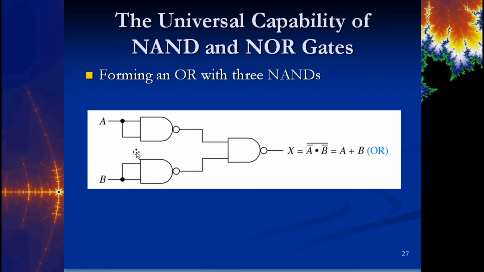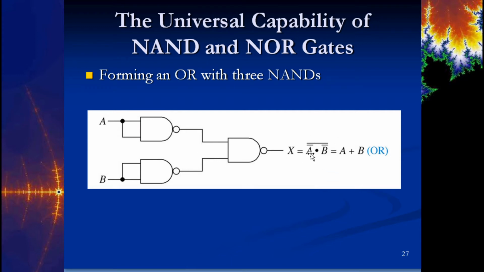So here we go. In this case, this is an OR gate created strictly from NANDs, right? Here we have an inversion, here we have an inversion, and so essentially, if we were going to write this, we would have an inversion bubble here and here and here. If we were to do the truth table on this and knowing our Boolean algebra, you have an inverted A out of this gate, an inverted B out of this gate, and then you have inverted A and inverted B NANDed together.